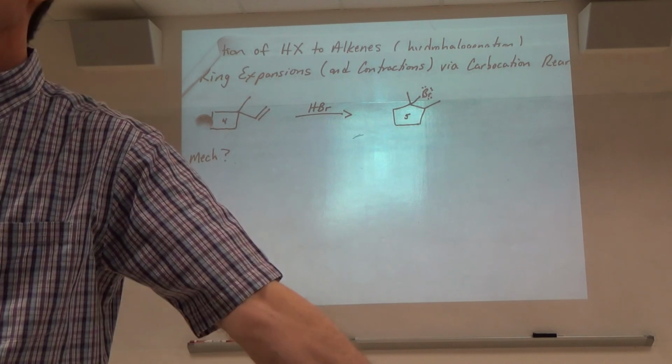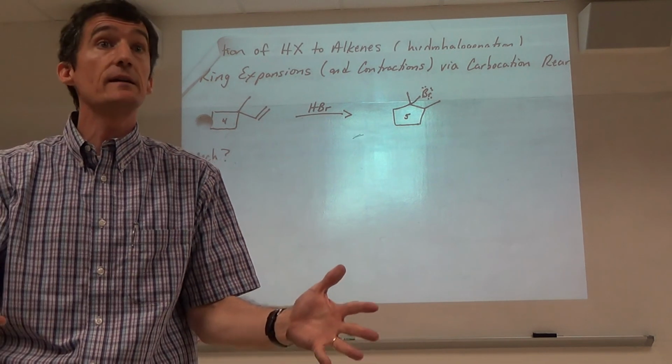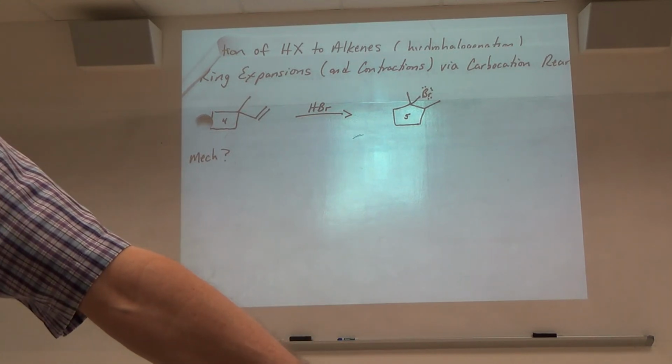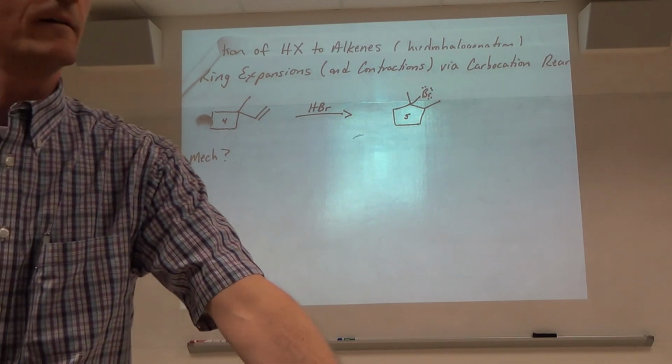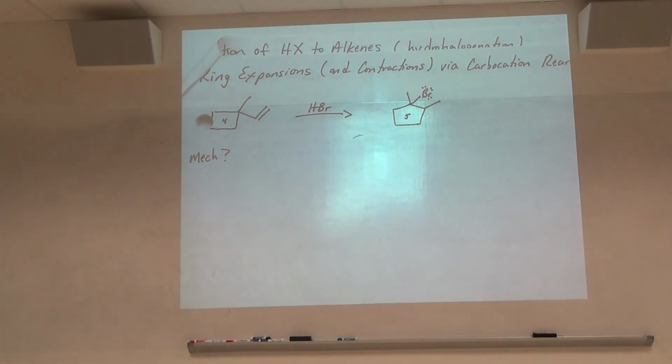See? All it is, you're doing the same thing, you just have a ring that happens to be there. Now, what if I'm here and the cation is there, and I have a 5 and I move this way? I went from a 5 to a 4. These are just alkyl shifts, but you just have to envision it. And envisioning it is part of becoming a savvy organic student.